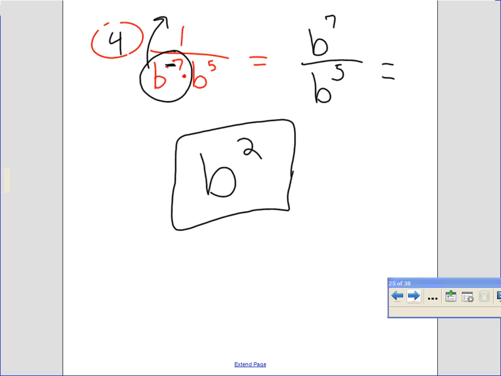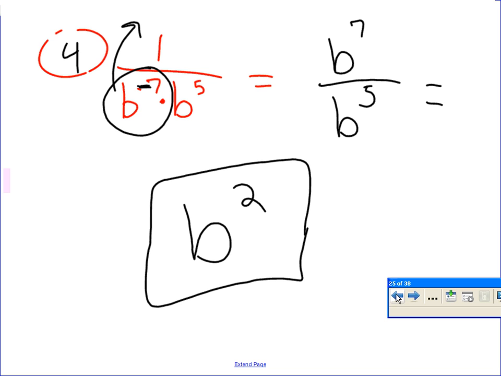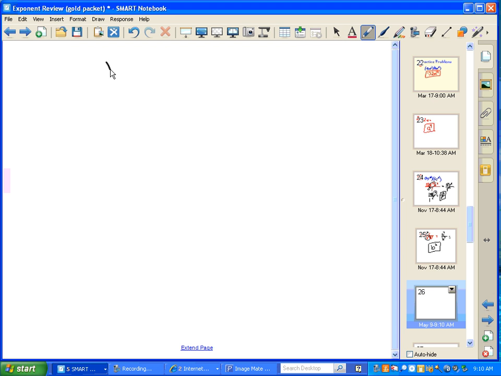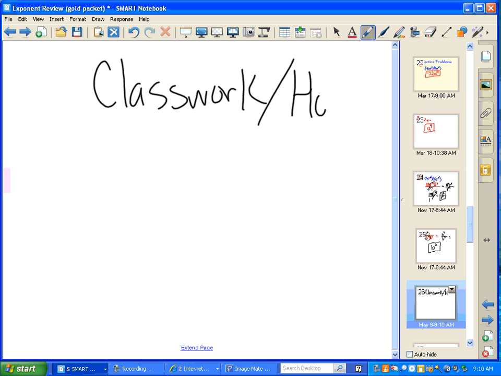Okay. All right, if you have your book, I want you to open it up. If you don't have your book, go ahead and get it, please. Okay, I want you guys to open up to page 945.